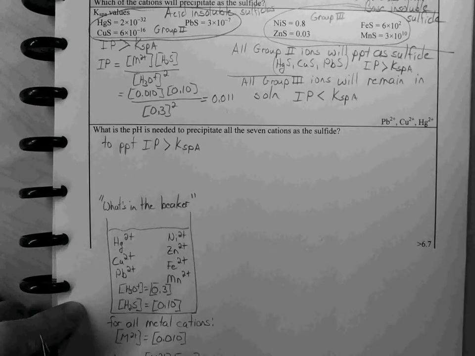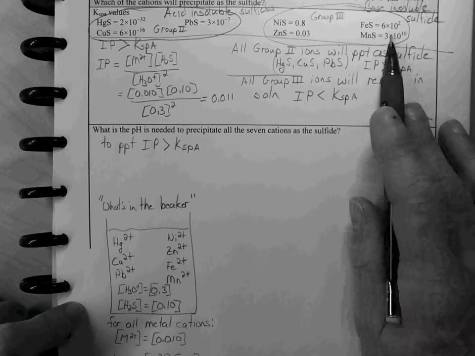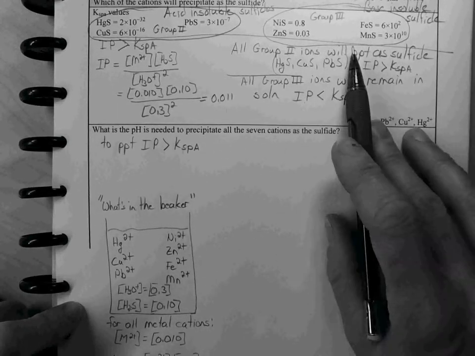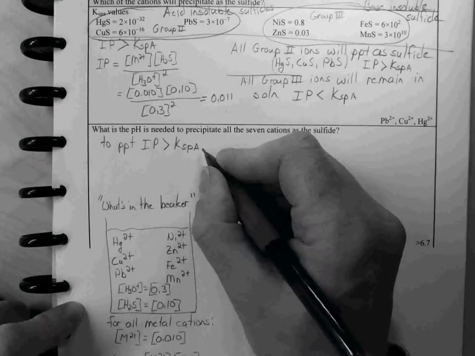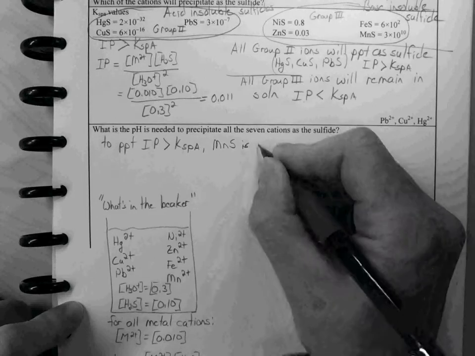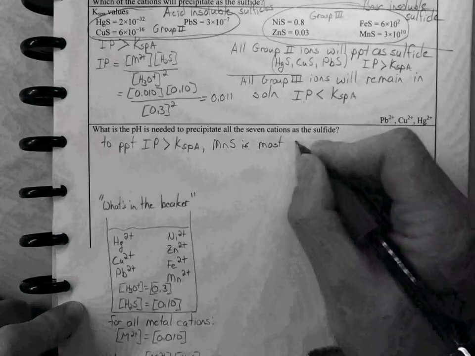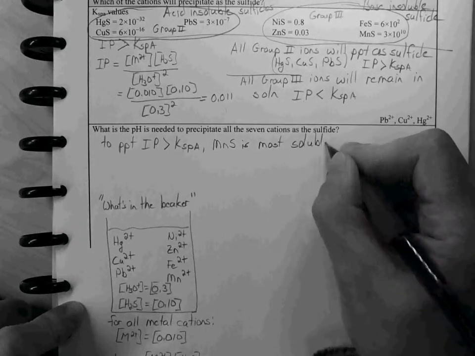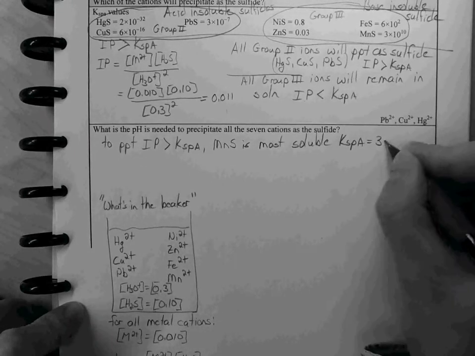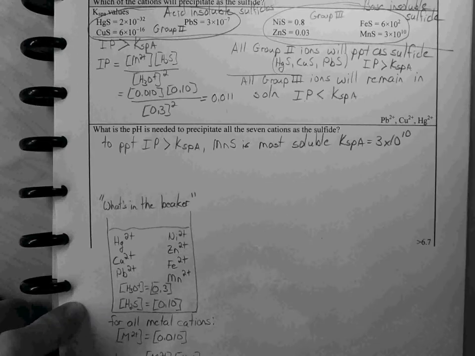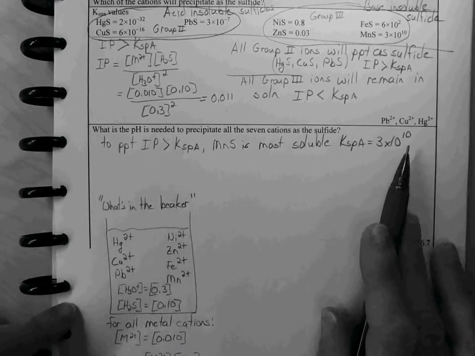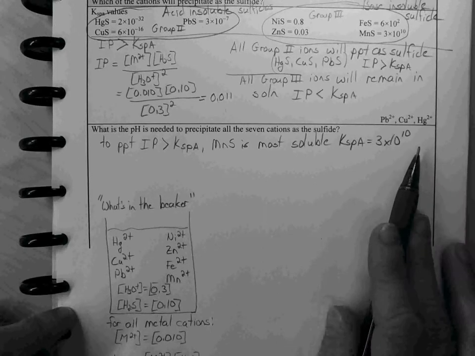So if we can generate conditions where manganese sulfide is going to precipitate, we know that all of the rest are going to precipitate.